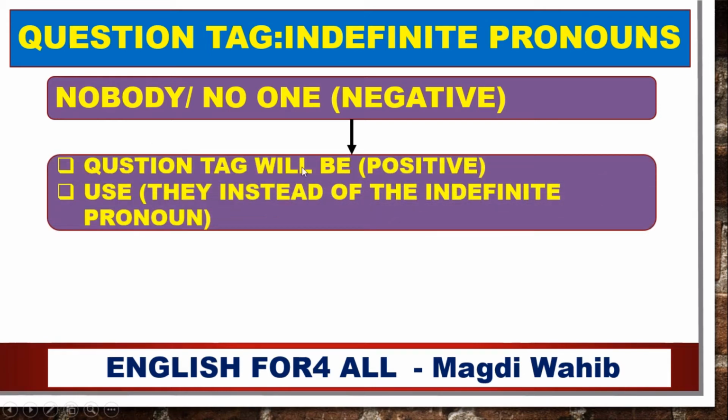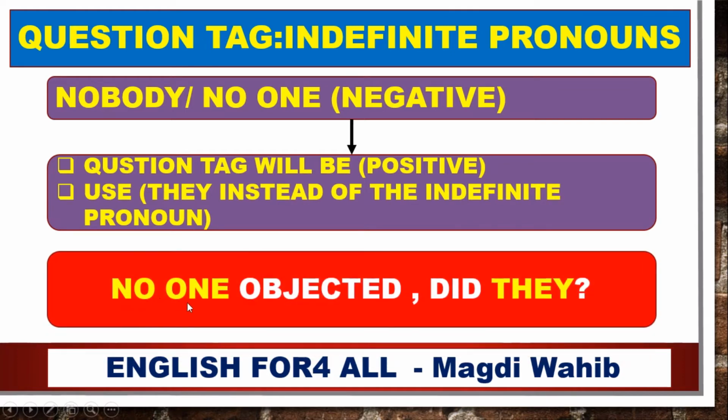First thing, the question tag will be positive because this is negative. Nobody and no one is negative. What else we will do? Very important. We will use they instead of the indefinite pronoun. So we will replace nobody or no one by the pronoun they.